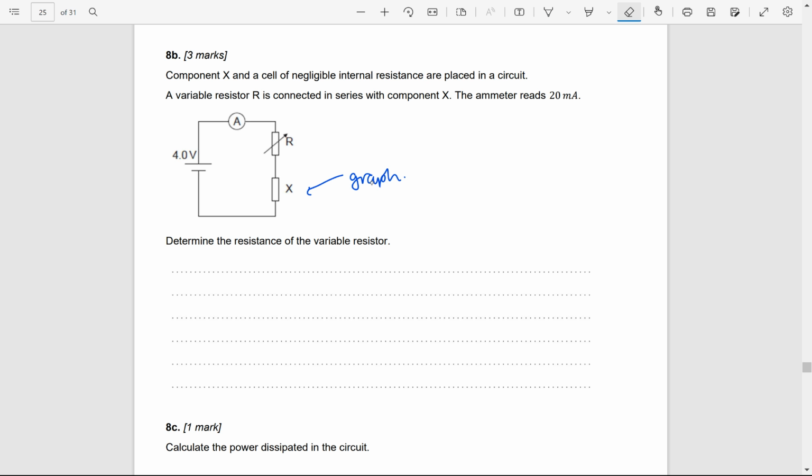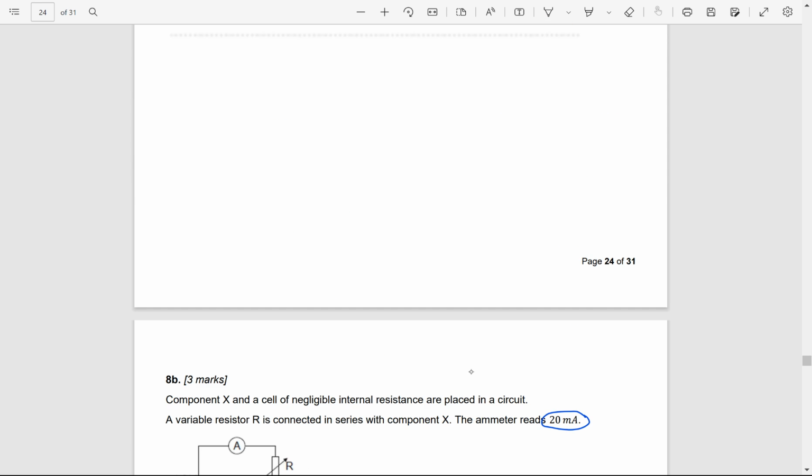First of all, I'm just going to remove this because I'm going to draw a couple of voltmeters across it. So we've got a voltmeter here, let's imagine, and that voltmeter is going to read a reading according to the graph where it crosses 20 milliamps.